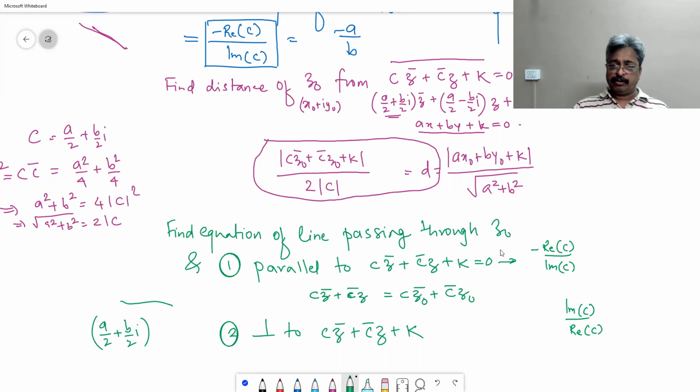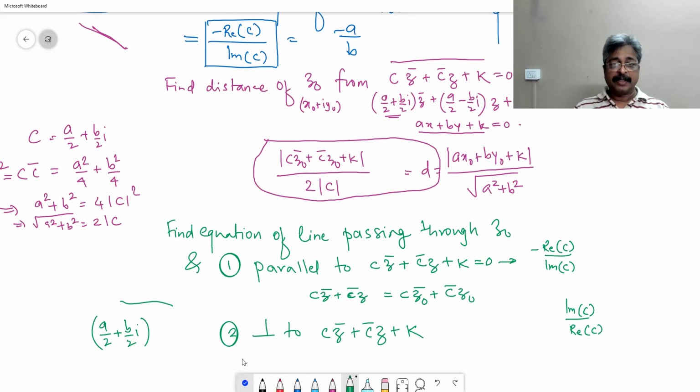Now if the line is going to be perpendicular, its slope is going to be numerically equal to imaginary part of c upon real part of c. Correct? But then we should manipulate these first two terms in such a way that if we find the slope using this formula, we should get this.